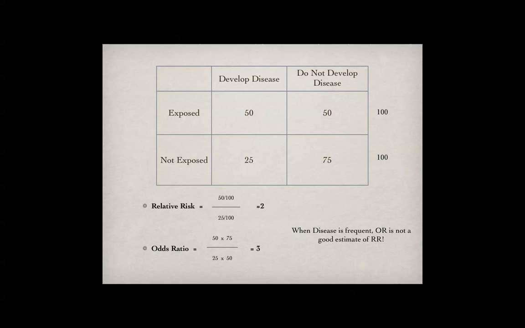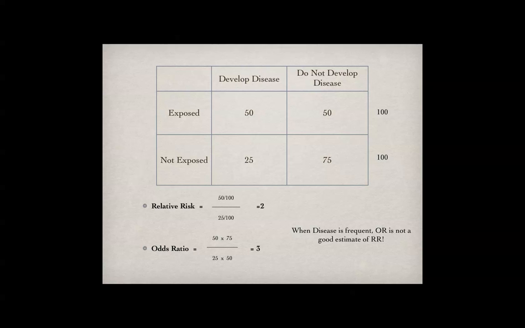So this is a very similar problem. 200 people total, 100 people were exposed, another 100 were not exposed. 50 people that were exposed got the disease versus 25 that were not exposed. Okay, so again, relative risk: 50 divided by 100, divided by 25 divided by 100. We get a relative risk of 2. The odds ratio, though, comes out differently.